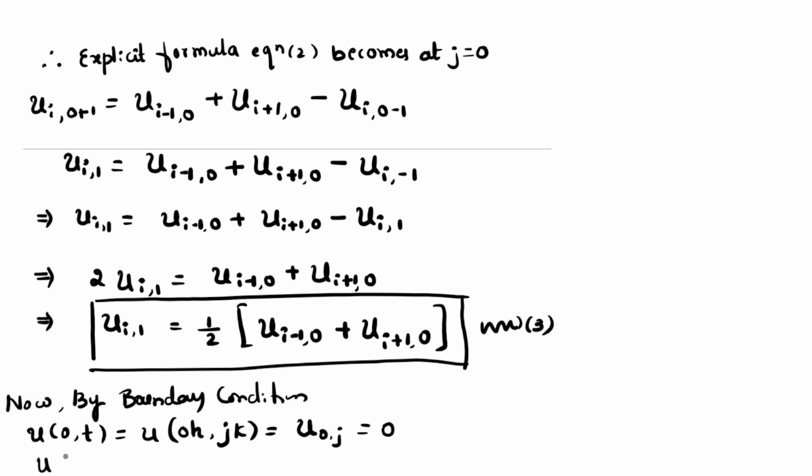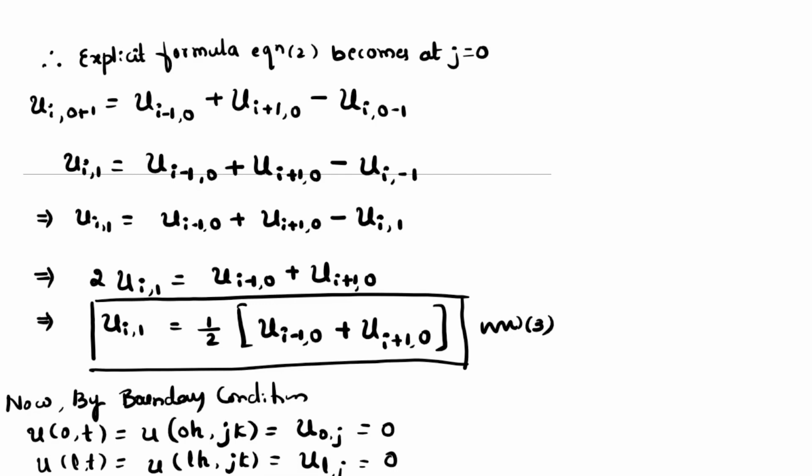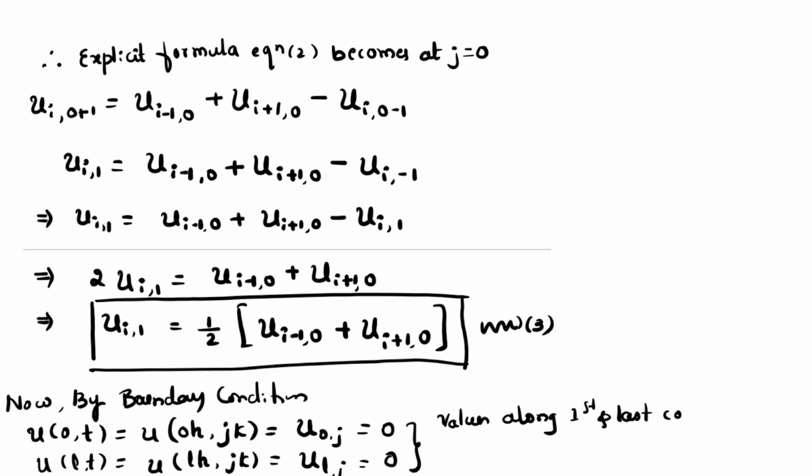And also u(l, t), where l is the x variable, so u(l, j) is 0. What it indicates: these mean the elements, that is the values, along the first and last column become 0. First and last column in a mesh.